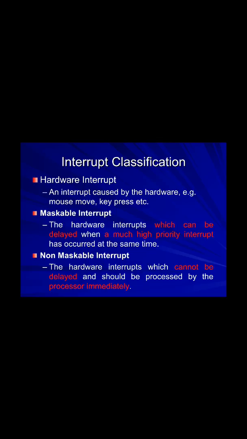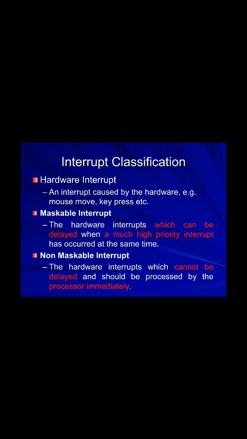The second one is non-maskable interrupt. These are the hardware interrupts that you cannot delay. I mean, you must execute it at any cost. You have to execute it. For example, you can take the maskable interrupt and non-maskable interrupt as follows.